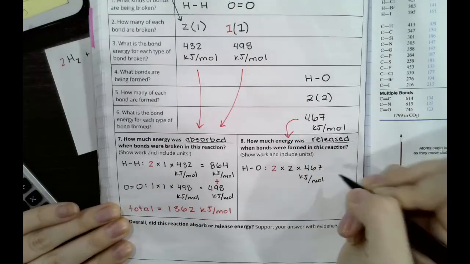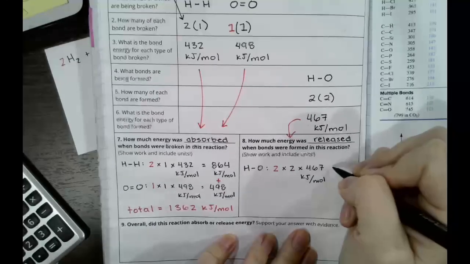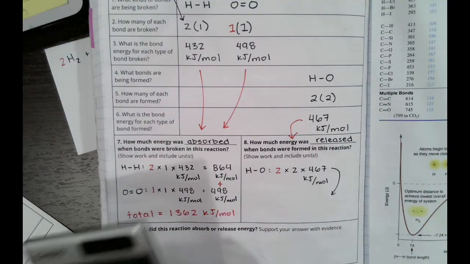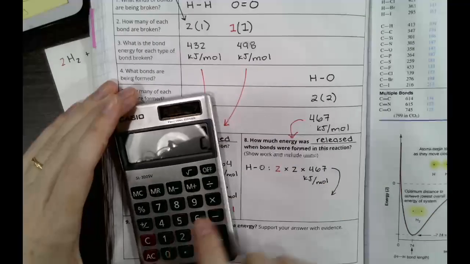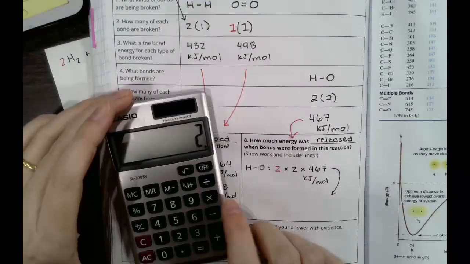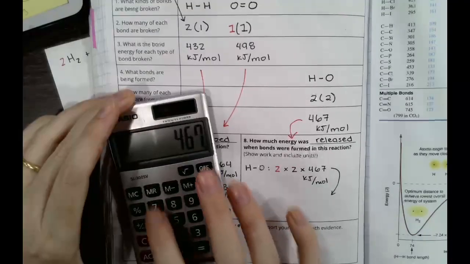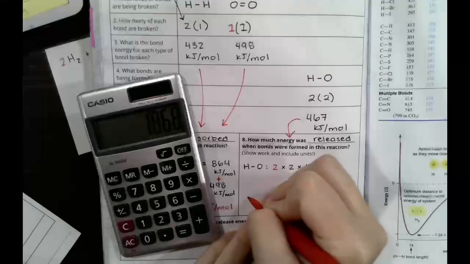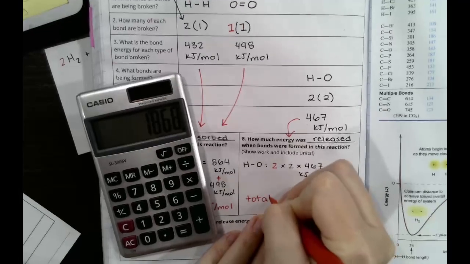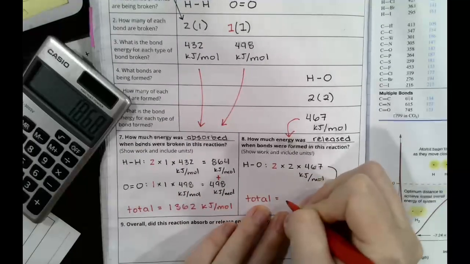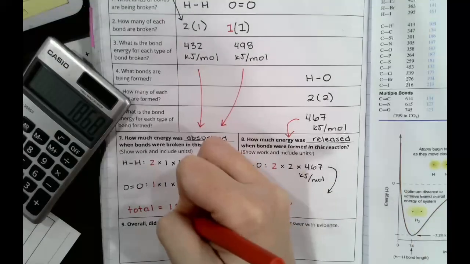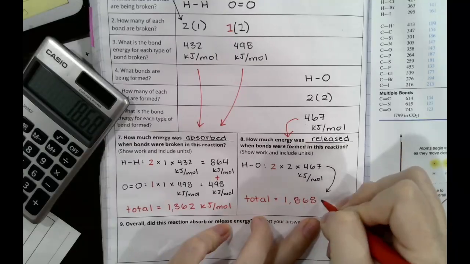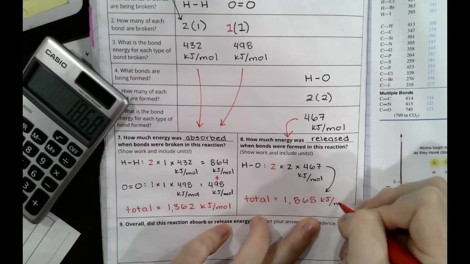So, if we do the math there, we could write it right here, but actually since there's only one of these, we don't need to write all of that twice. So 2 times 2 times 467. That is a total of 1,868 kilojoules per mole. That's energy released.